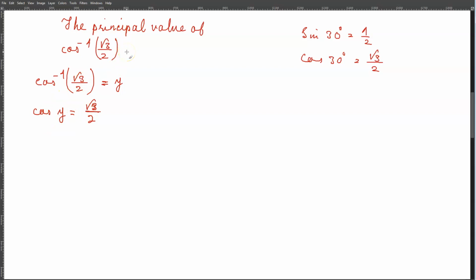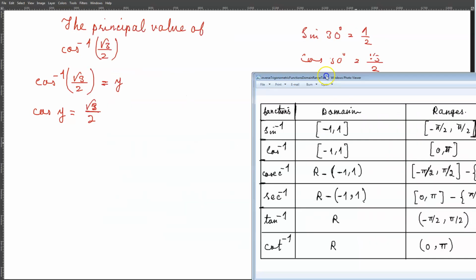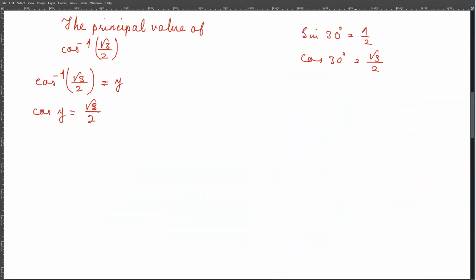Now, what is important again here is that we said that the range of the cos inverse function goes from 0 to pi, right? The domain of the function is from -1 to 1, and the range of the function is 0 to pi.